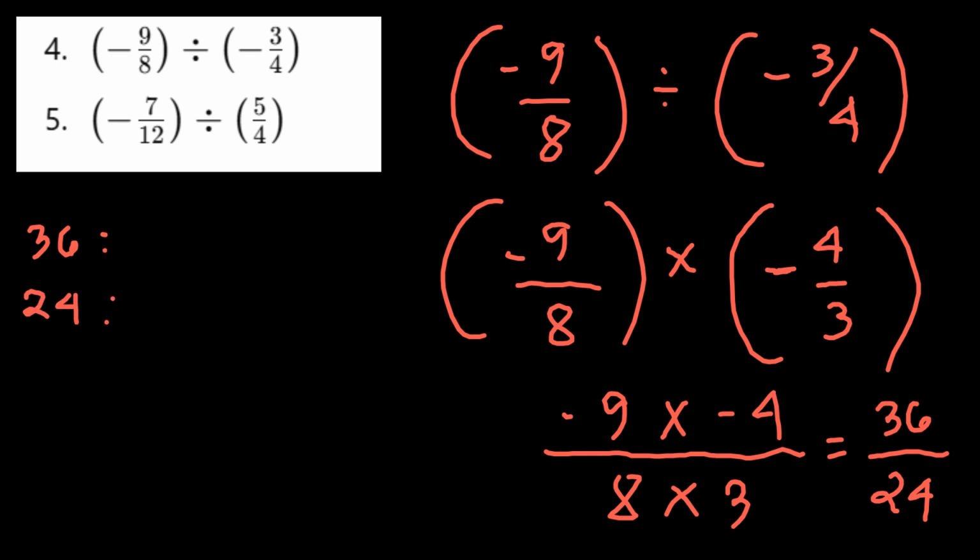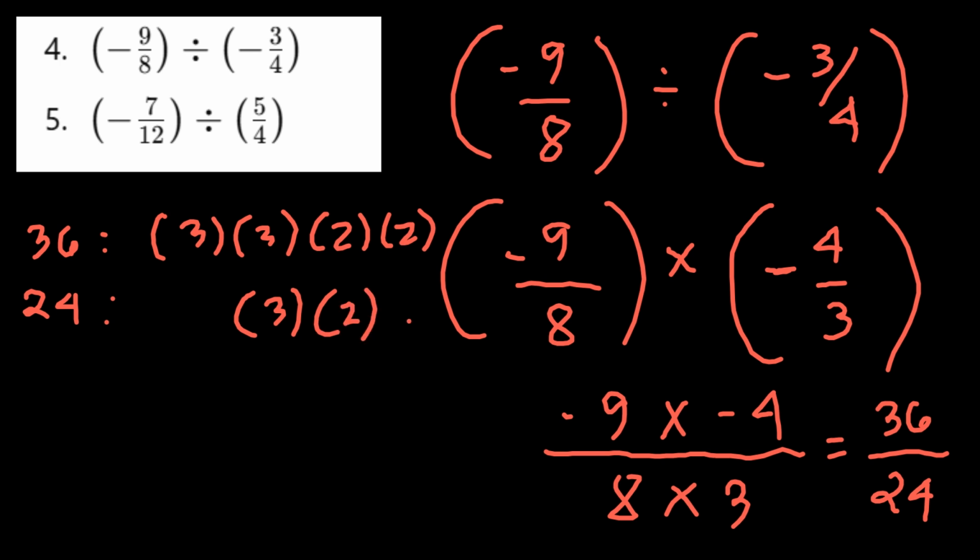Let us list down the factors of both numbers. For 36, we have 3 times 3 times 2 times 2. Because 3 times 3 is 9, 9 times 2 is 18, and 18 times 2 is 36.